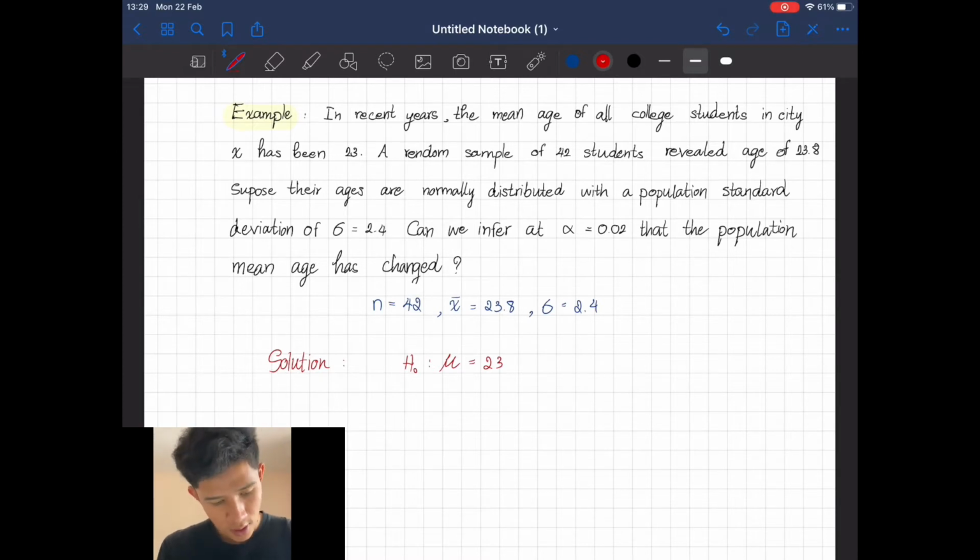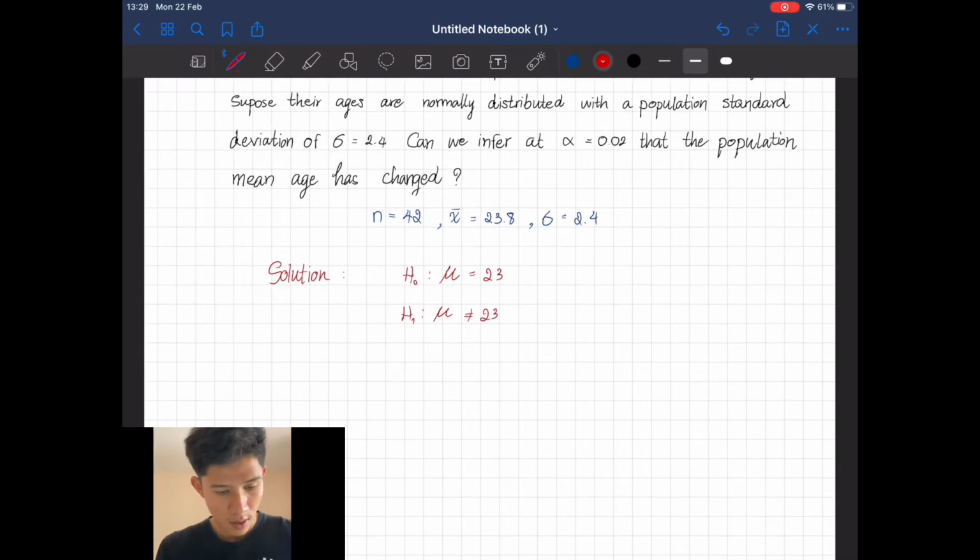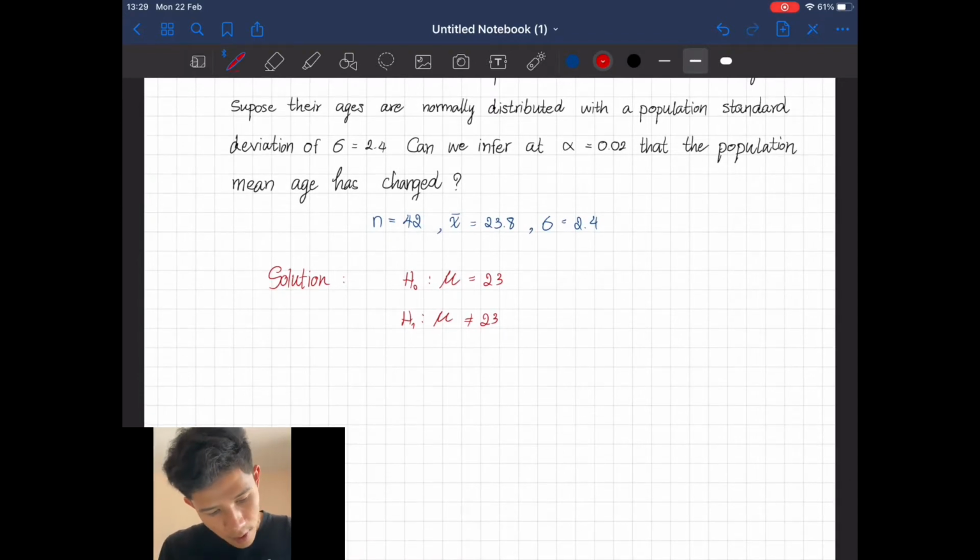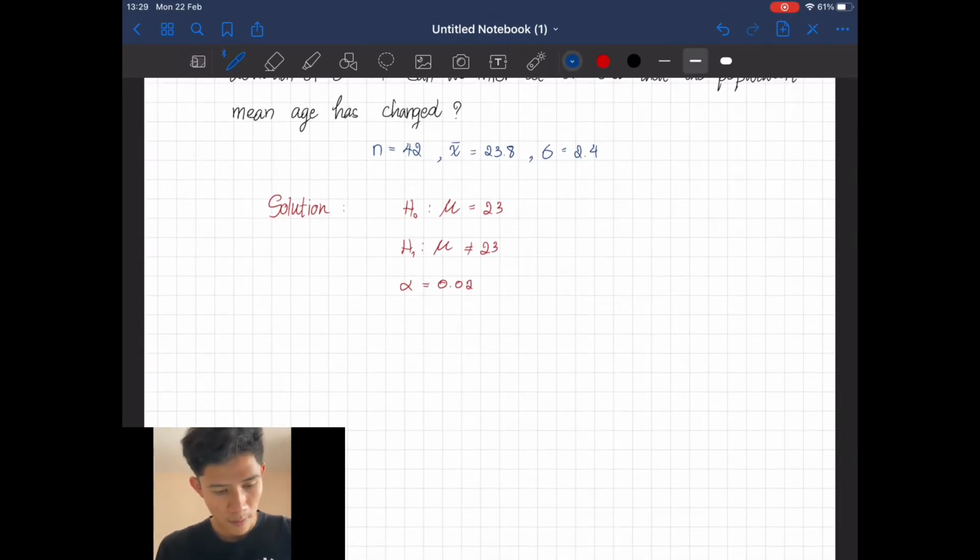Alternate hypothesis H1: mu not equal 23. Next step, alpha equal 0.02. Next step, see the z distribution table.